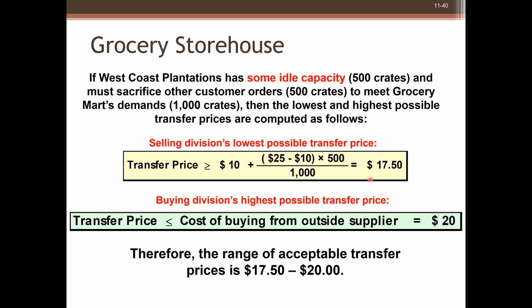And we get the lowest possible transfer price of $17.50. The buying division's highest possible transfer price is still $20, the same as the cost of buying from the outside supplier. Combining the requirements of both the selling and buying divisions, the range of acceptable transfer prices in this situation should be between $17.50 and $20.